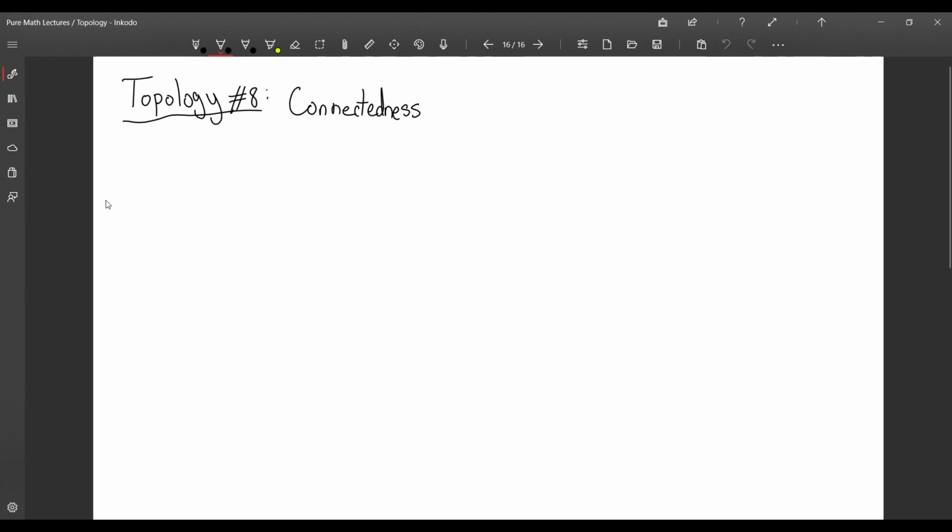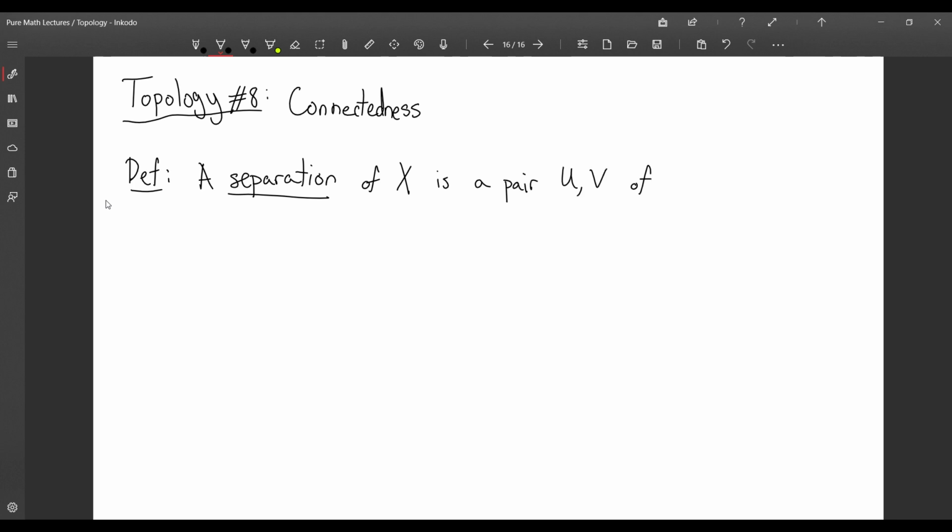So we'll first define something called a separation. A separation of X is a pair U and V of disjoint. By the way, disjoint just means that their intersection is empty.